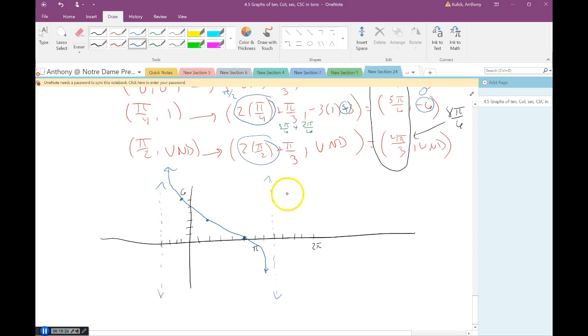So I'm going to go 1, 2, 3 spots from the asymptote, and at the y value 6. But I'm still not past 2 pi, so I'm going to extend this a little bit so that I can do the next one. Again, 1, 2, 3 spots, and then down at 3. And then that's enough to cover me past. So I'll just do that much.